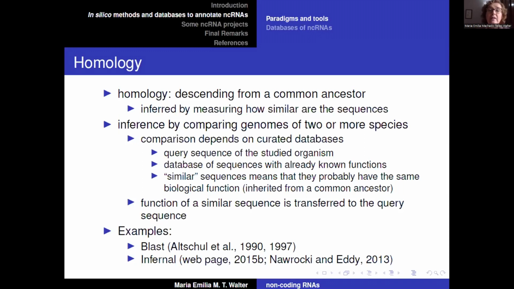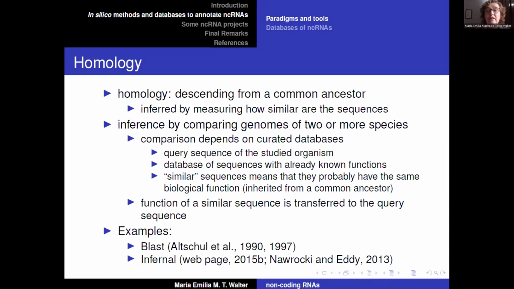This comparison depends on curated databases and is usually done with a query sequence of the organism you are interested in, against a database of sequences with already known functions, to find sequences similar to the one you are interested in.